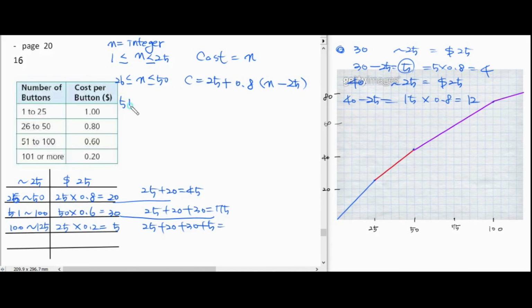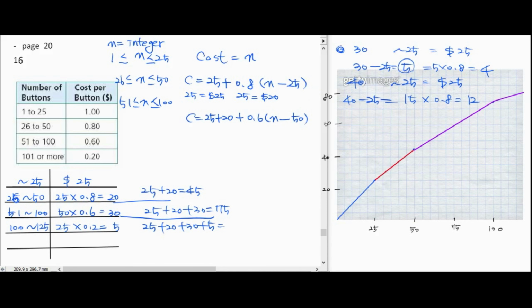And this time, n is greater than or equal to 51, and smaller than or equal to 100. So the first 25 was $25, and then the second 25 was $20. So then for 51 and above, we'll write it down. C equals 25 plus 20 plus, for 50 until 100, 0.6 multiplied by n minus 50.